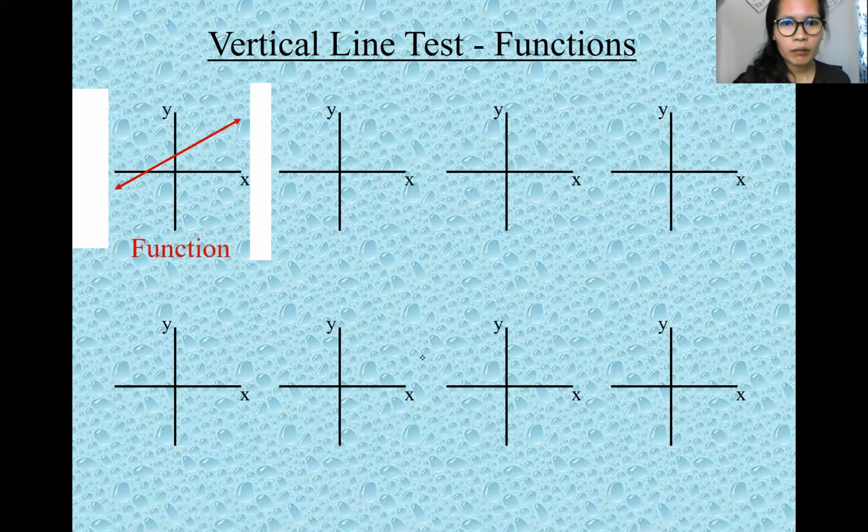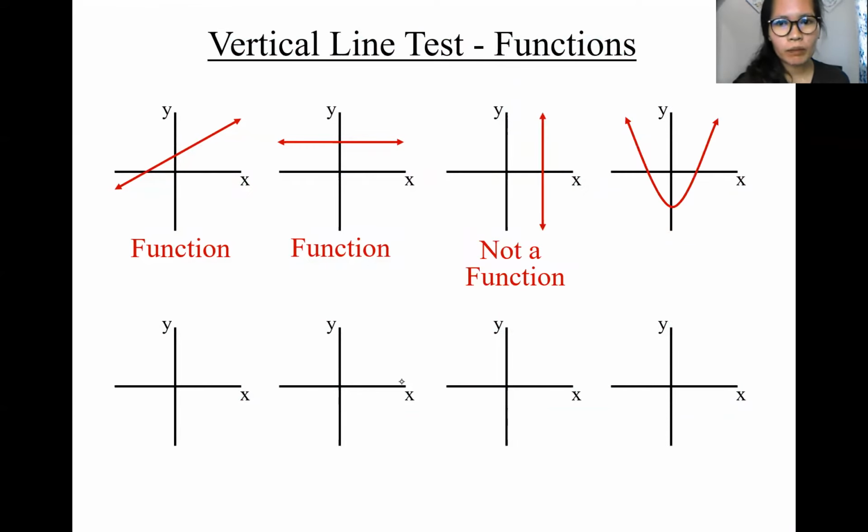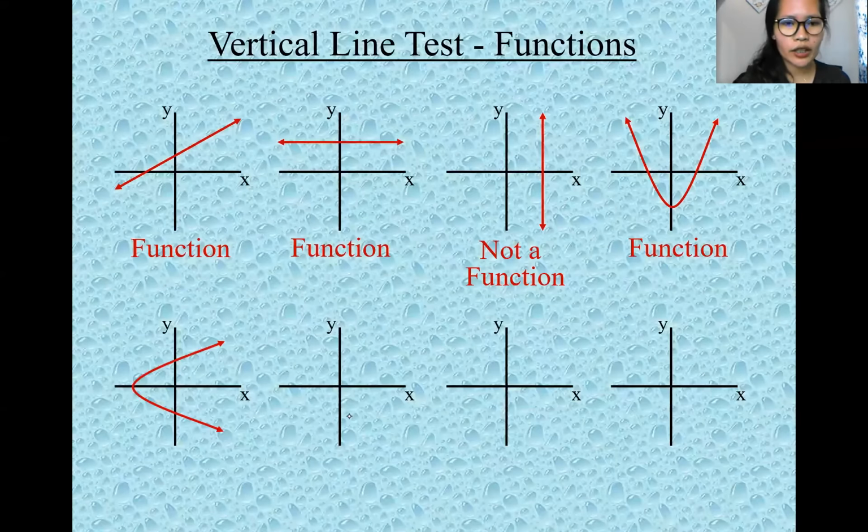How about figure number 2? Still, that is a function. Figure number 3, that is not a function. Figure number 4, that is a function. Figure number 5, okay, that is not a function.